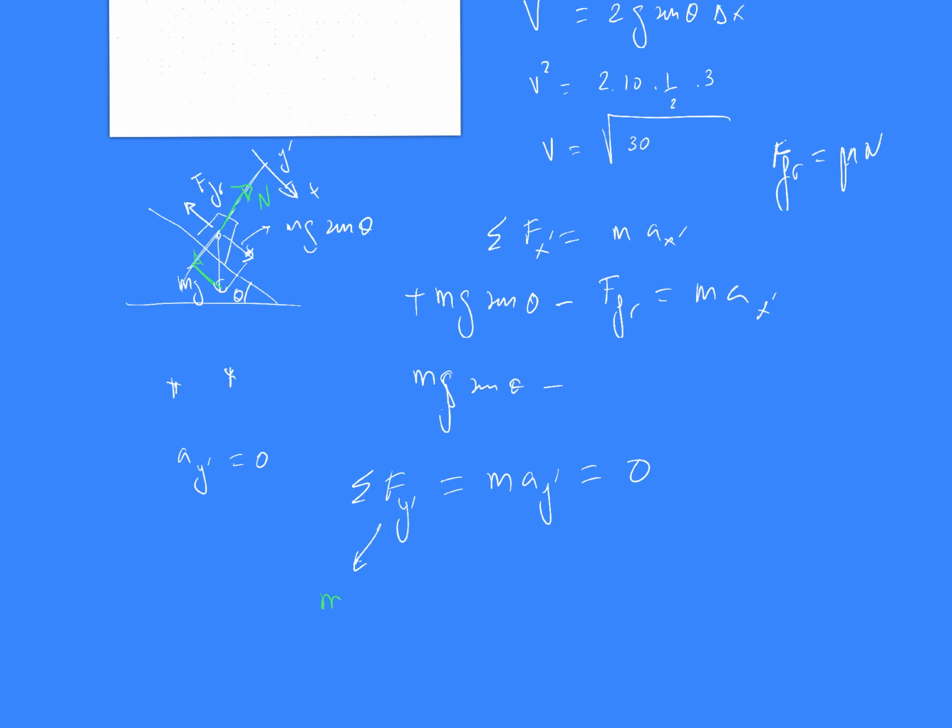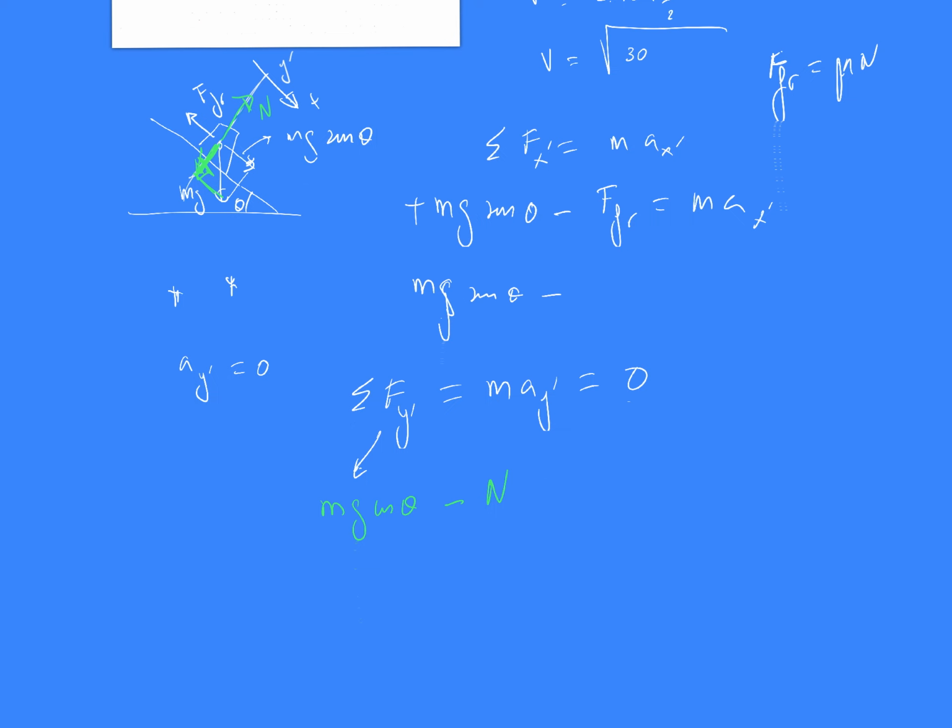So I see mg cosine of theta going downwards, and I see n going upward. If you prefer, you choose the y prime direction positive in this direction, and you will write minus mg cosine of theta equal mass times acceleration 0.